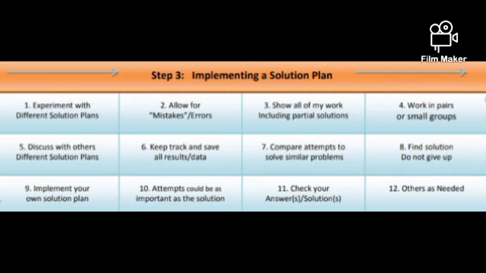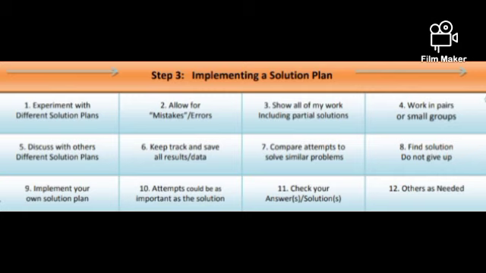And in discussing your different solution plans, the others will be able to tell you which is easier to implement, which is the most difficult to implement, most tasking to implement.